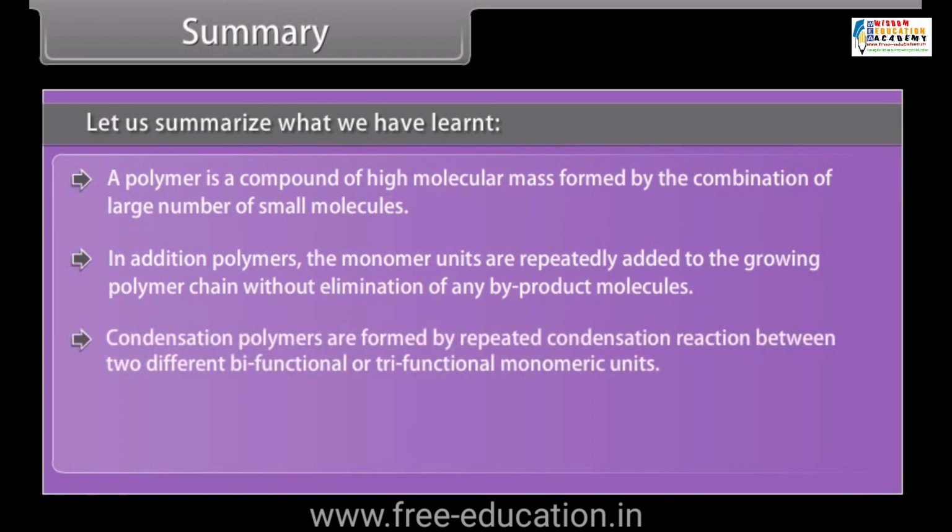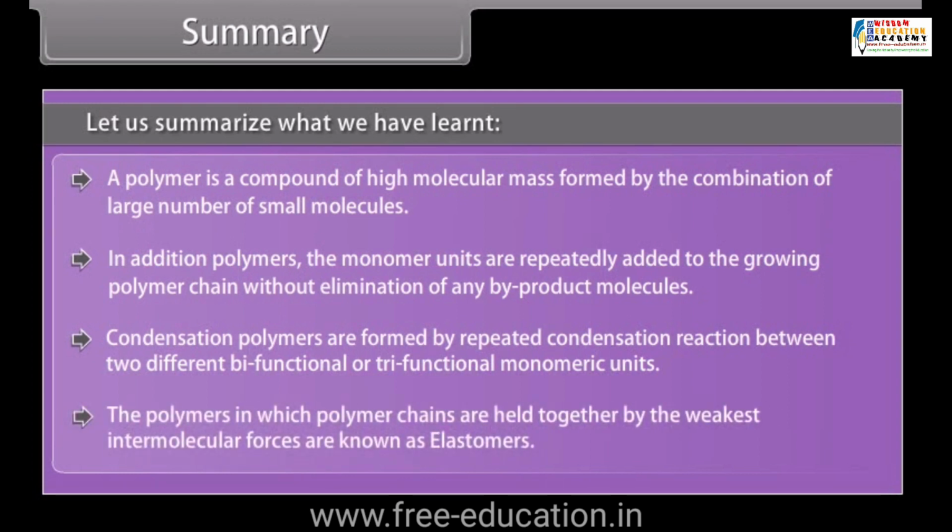Condensation polymers are formed by repeated condensation reaction between two different bifunctional or trifunctional monomeric units. The polymers in which polymer chains are held together by the weakest intermolecular forces are known as elastomers.